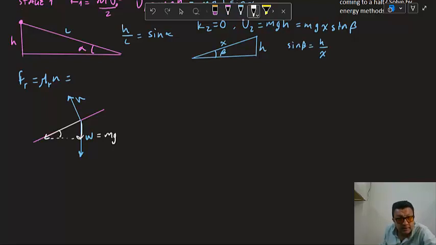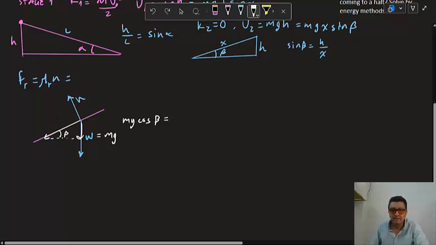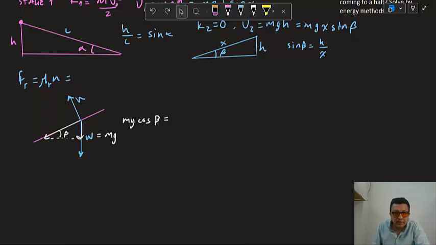We know the angle, beta, and the magnitude of this force is mg cosine of beta. This is the normal, but it is a common mistake: no, we don't need this component.